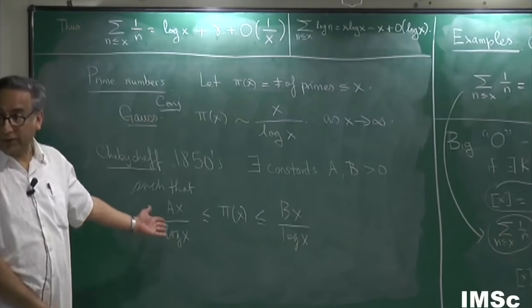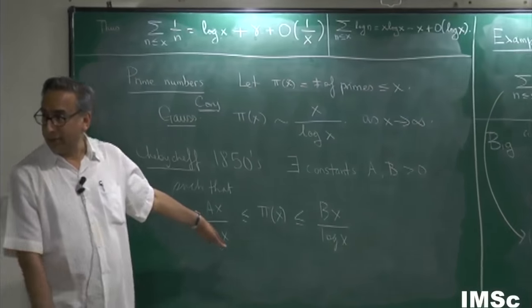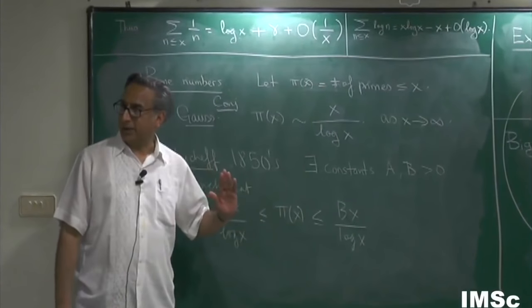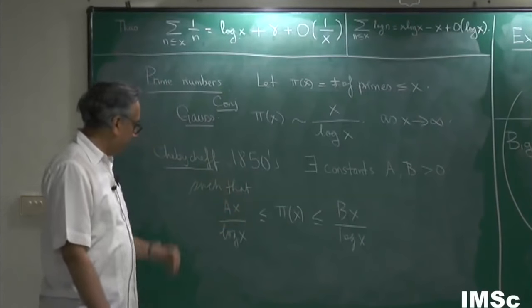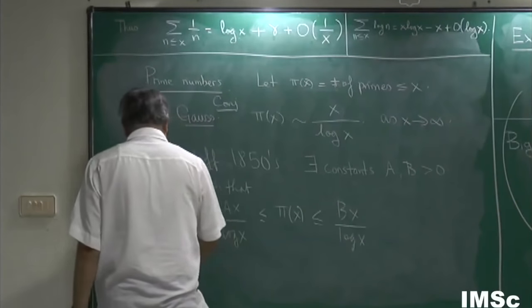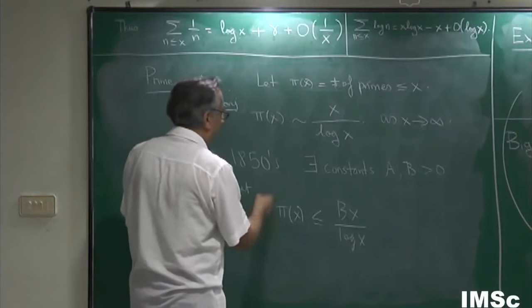So at least it grows like that. Whether or not we can prove pi of x is asymptotic to that is another question, but it grows like this. And he struggled very hard to prove this.